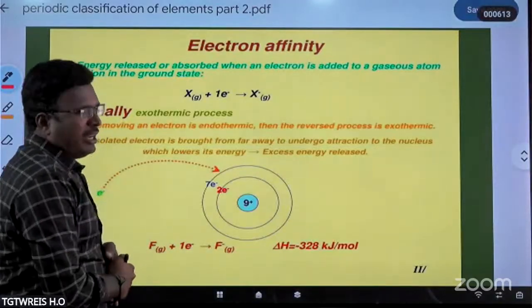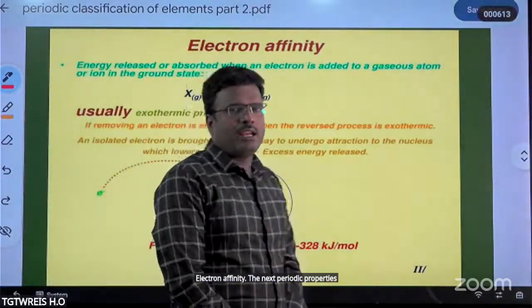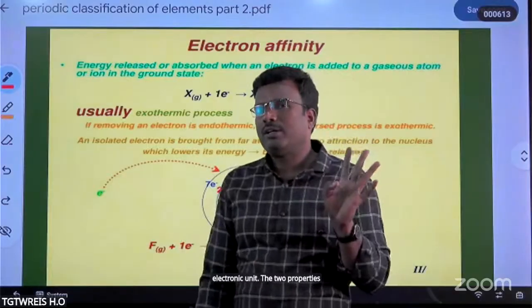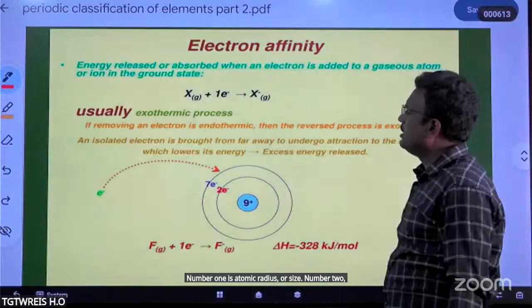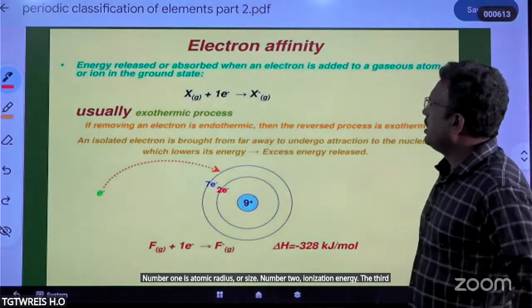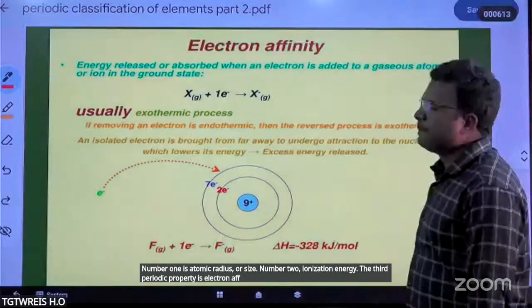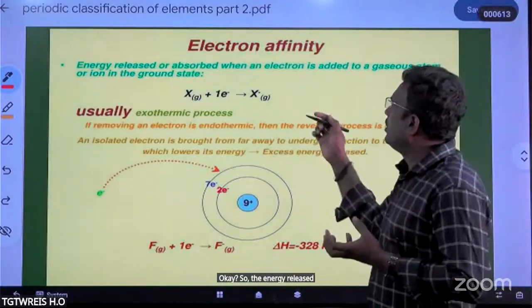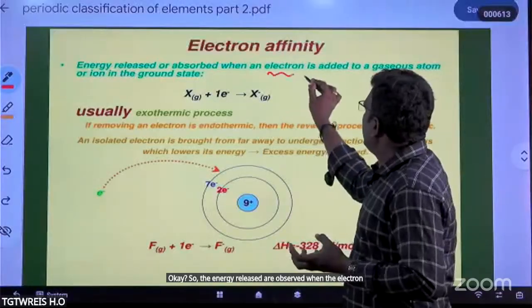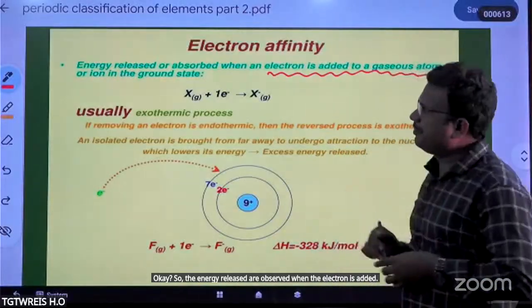Electron affinity, the next periodic property, is electron affinity. The two properties so far are number one, atomic radius or size, and number two, ionization energy. The third periodic property is electron affinity. It is the energy released or absorbed when an electron is added to a gaseous atom.